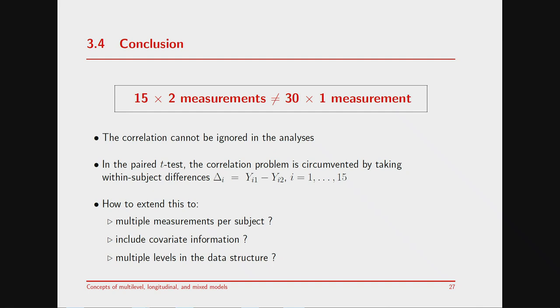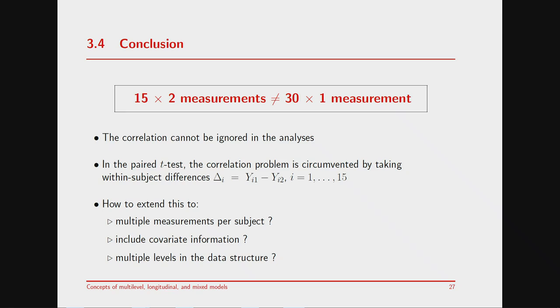How do you include covariate information? If you would want to know whether older patients have a different evolution than younger patients, or whether males would have a different evolution than females, and so on. Or how do you deal with multiple levels in the data structure? All questions that we need to address.